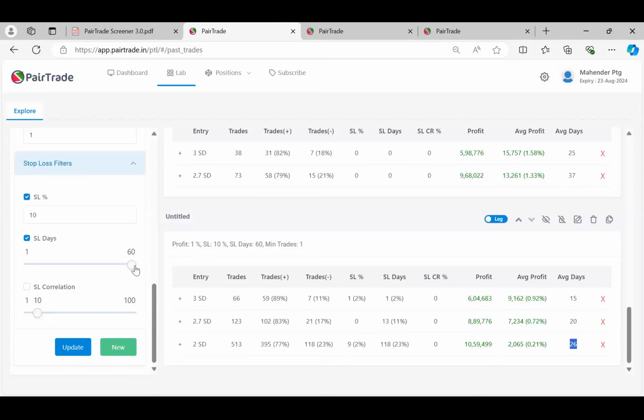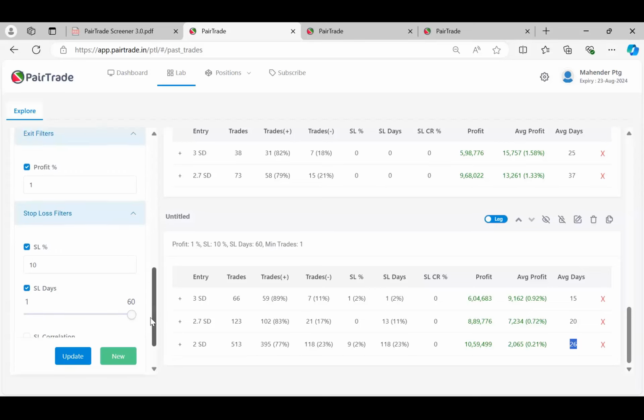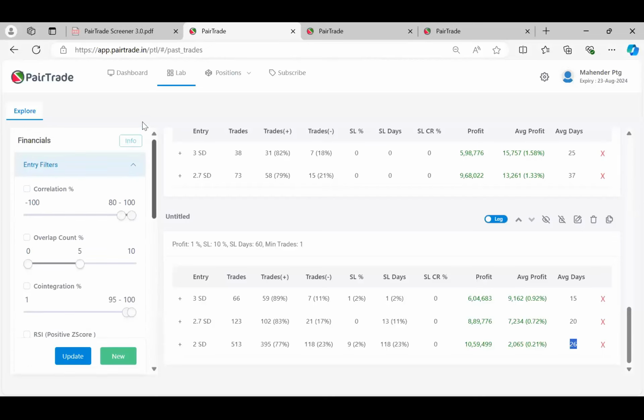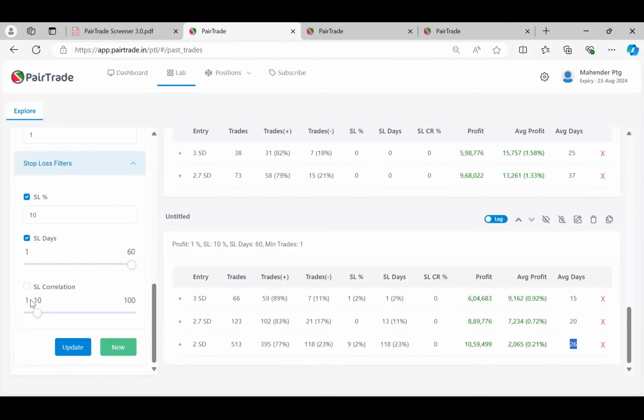Sometimes what happens, the trades will go on for 100 days, 200 days also. So by default for the 1D candle, that is 248 candles, it will take 365 days as the default stop loss. Otherwise, the trade will be continuing till 365 days. So these are the different settings. You can use stop loss correlation. If I am using correlation for the entry, I can use the correlation as a stop loss also.